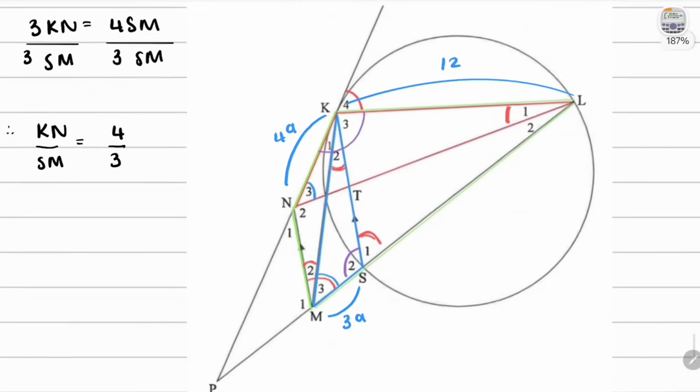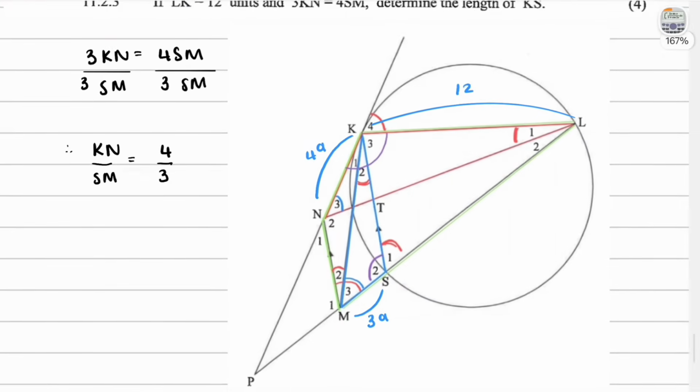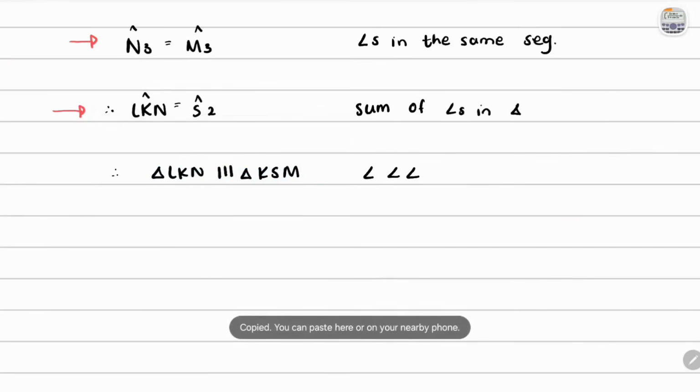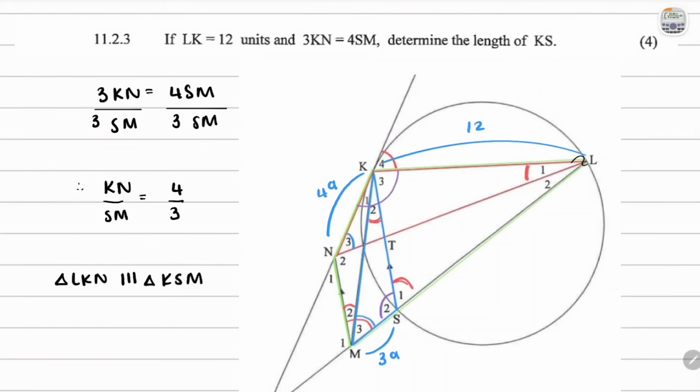Okay, so looking at the proportions that they've given, you can see that they are using the two triangles which we proved were similar in the previous question. So we're going to go ahead and use that, okay, the proportions there, and we will find the lengths that they're referring to. Okay, so since this is what we already showed them, we can pick LK since they gave us that length.